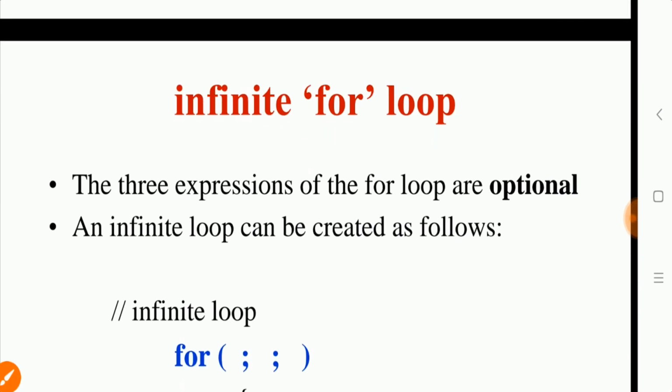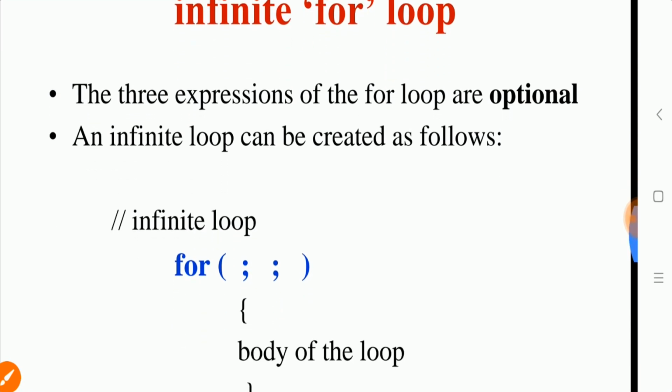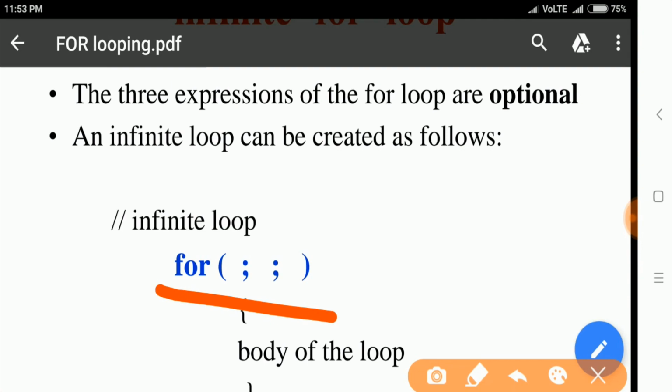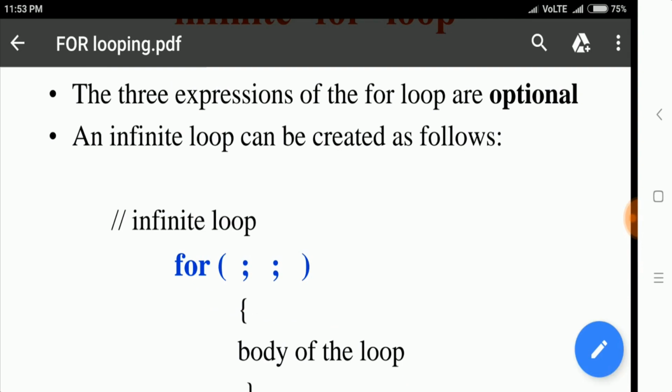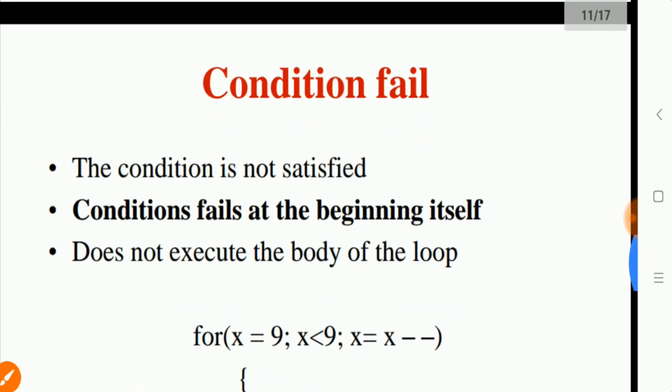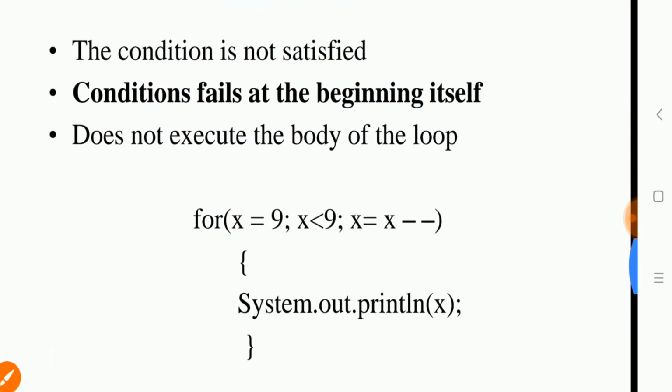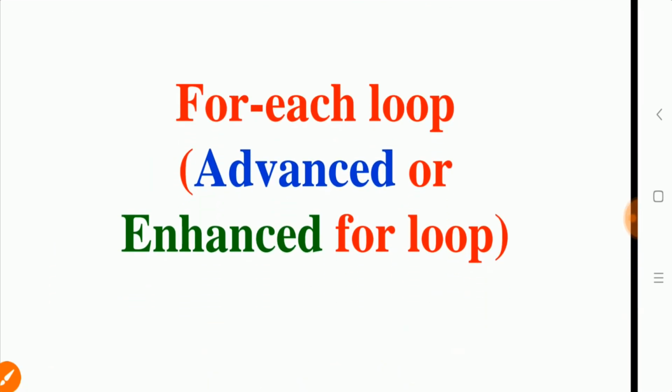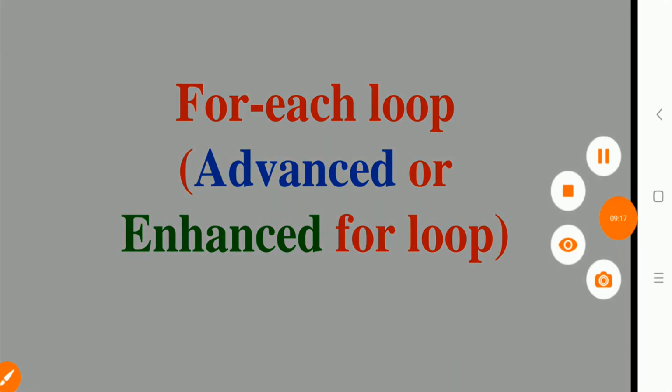With that, we saw the infinite for loop, where the three expressions are optional, which leads to an infinite for loop, and then negative increments and failing the condition at the beginning itself. And we ended with the for each loop, which is also called the advanced or enhanced for loop.